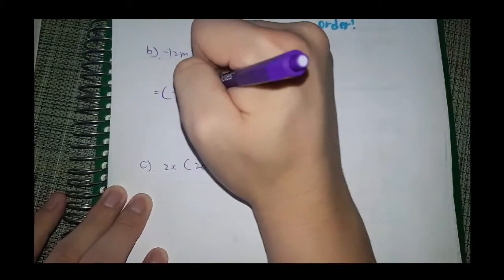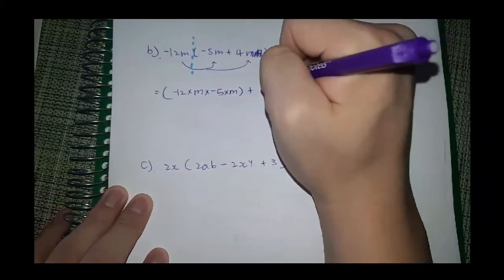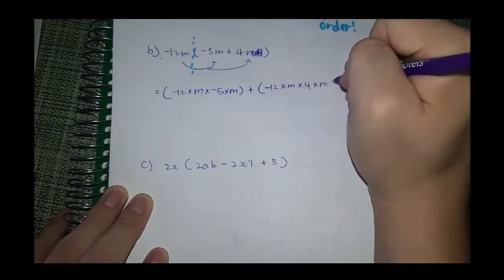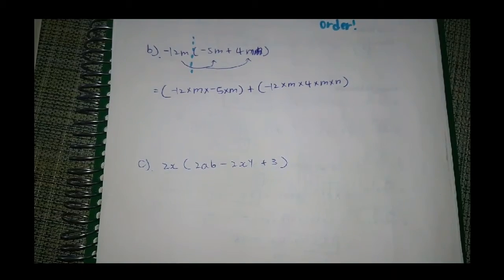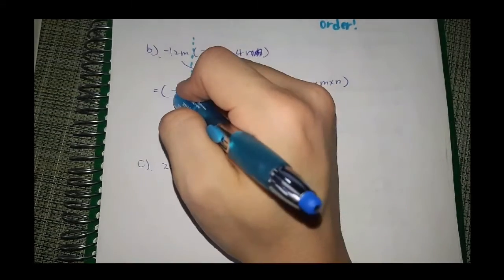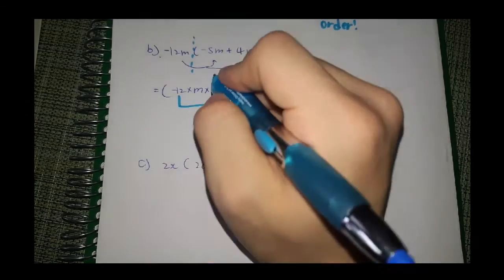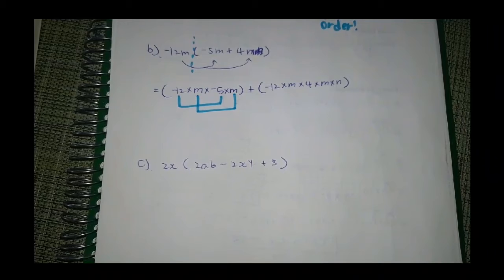Bracket open, negative 12 times m, negative 5 times m, plus negative 12 times m times 4 times m times n. This is where things are getting a little tricky because, first things first, we can combine negative 12 and negative 5. We can multiply them. Good. But can you see that m and the other m are the same kind?